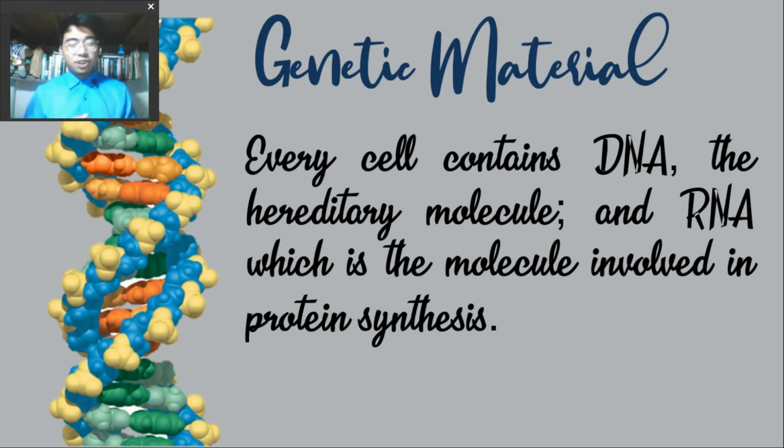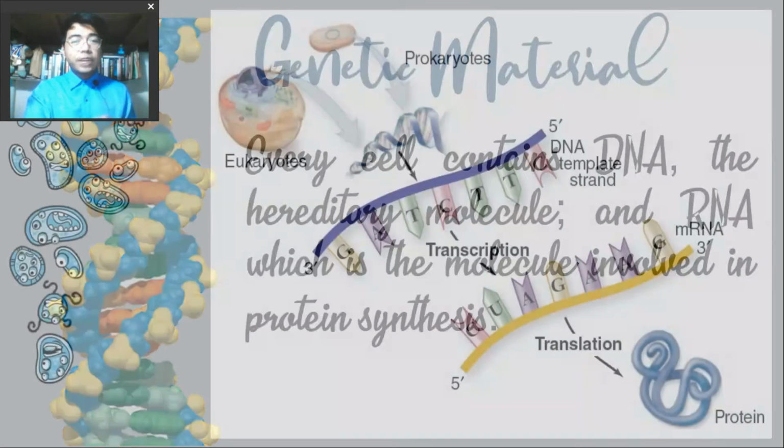DNA, if you can still recall from module number 1, is responsible for the control processes in our body. The reason why we possess different types of features is because of the DNA. And the RNA is responsible for helping and guiding the process known as the central dogma of molecular genetics for it to happen.